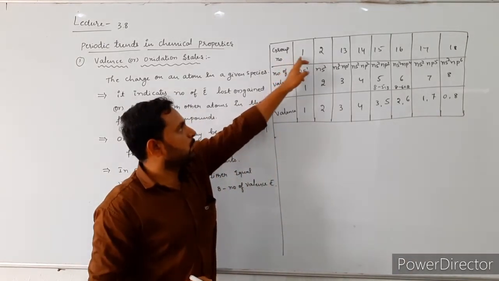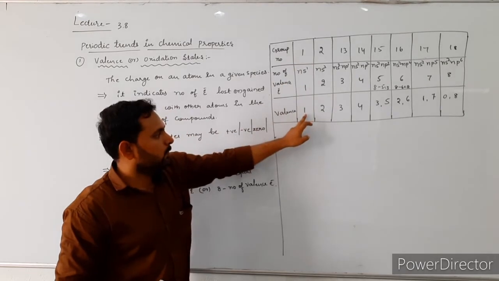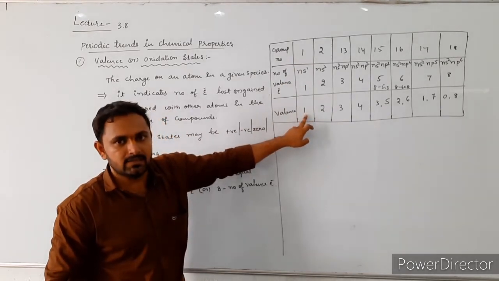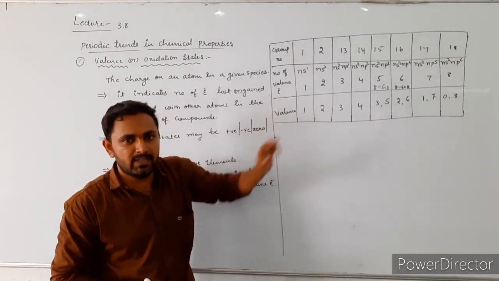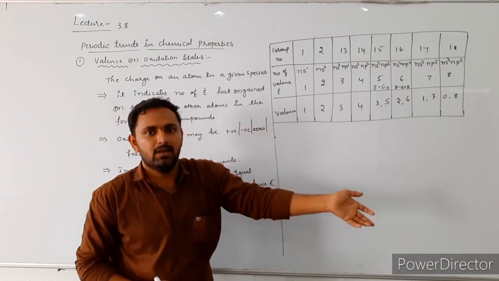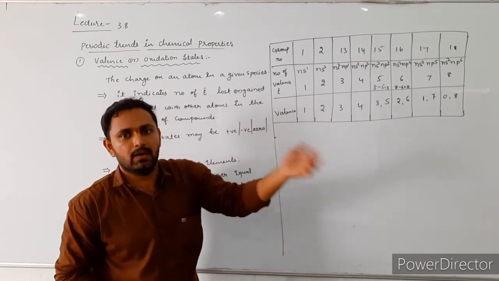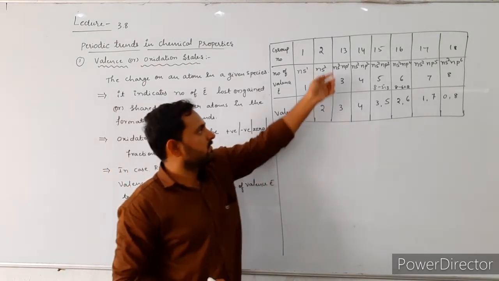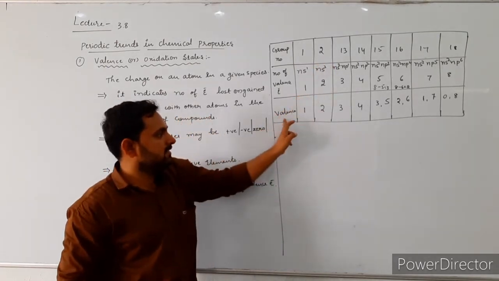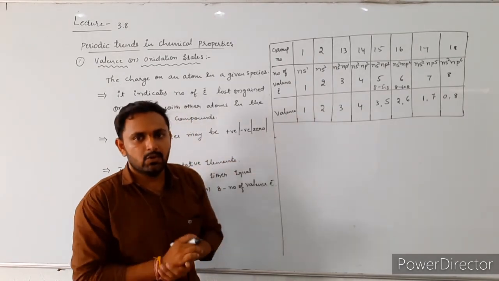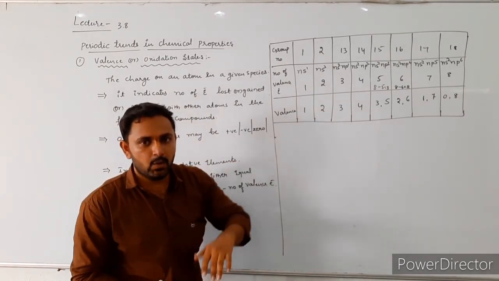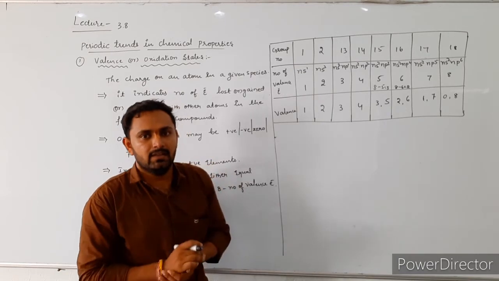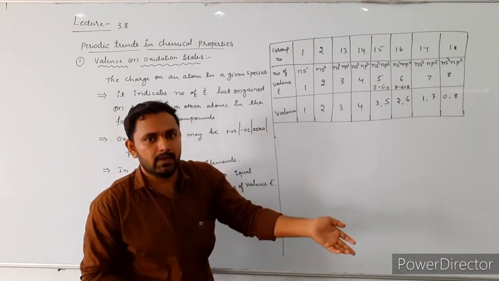Now, group 1 elements have valency one, that indicates maximum they can donate one electron and maximum they can share one electron. Next, for group 2 elements, the valence is 2. That indicates maximum they can donate 2 electrons and maximum they can share 2 electrons.